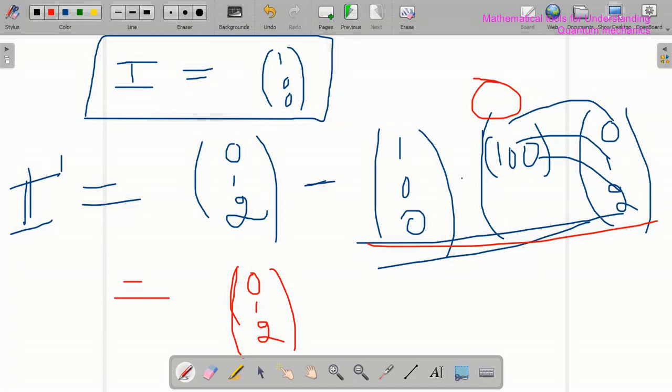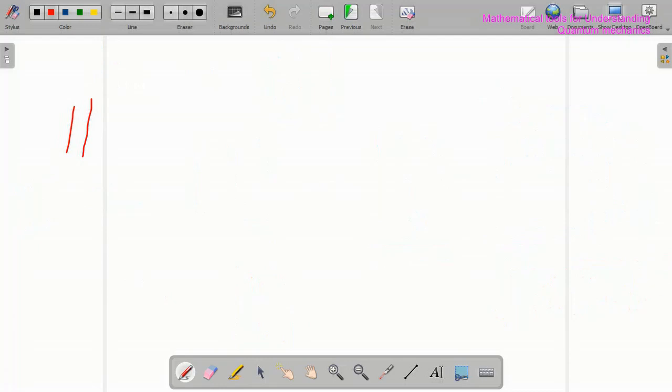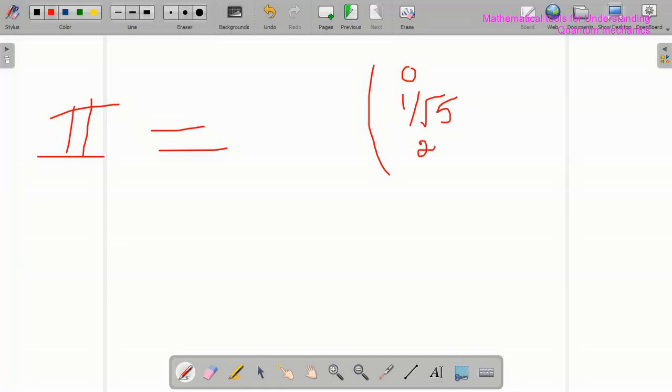What is the length of it? 0 square plus 1 square plus 2 square, that is 1 plus 4, root 5. So the orthonormal second vector is 0, 1 by root 5, and 2 by root 5.